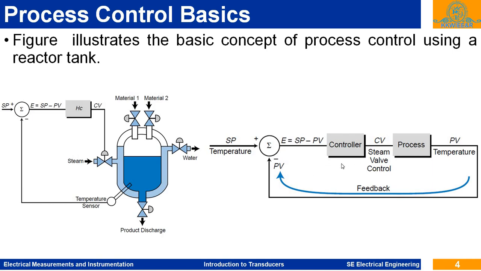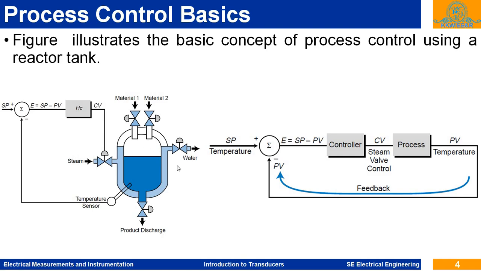Based on that, the controller will generate the control variable, which is amplified and given to the process. In this case, the steam valve is the control element, and this control element will control the process.